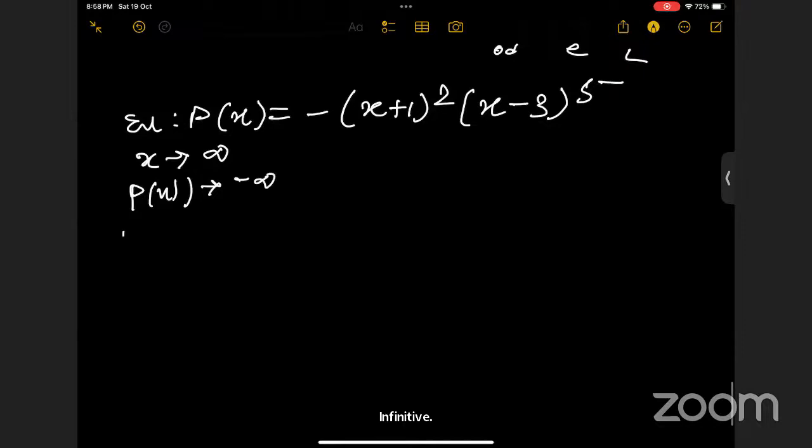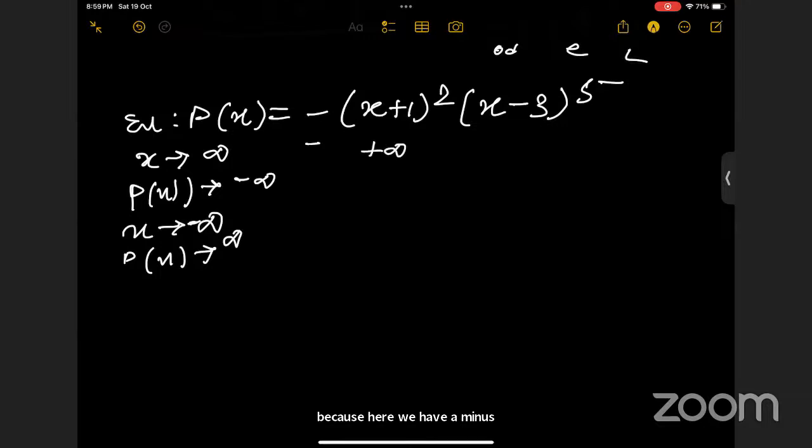And if we take x tending to minus infinity, then what is p(x)? It will be positive infinity, because here we have a minus. From here we will get a minus infinity, and minus minus will be positive, so we will get a positive infinity.